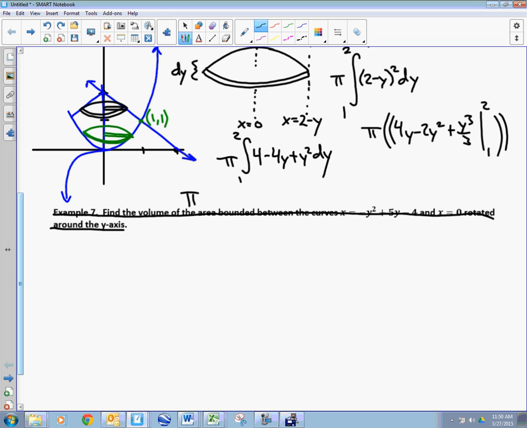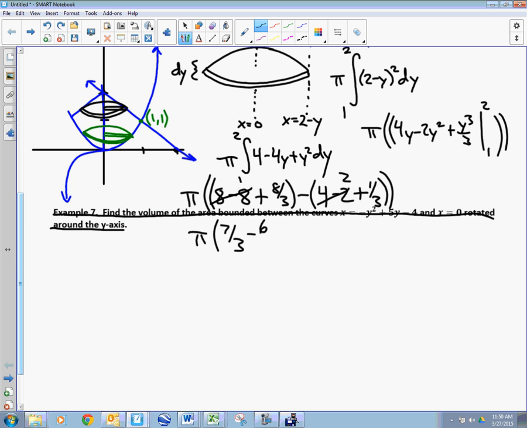So right here, pi times 8 minus 8 plus 8/3 minus 4 minus 2 plus 1/3. The 8's cancel. This makes 2. So I have pi times 8/3 minus 1/3 is 7/3, minus 2 or 6/3, and I get pi over 3.